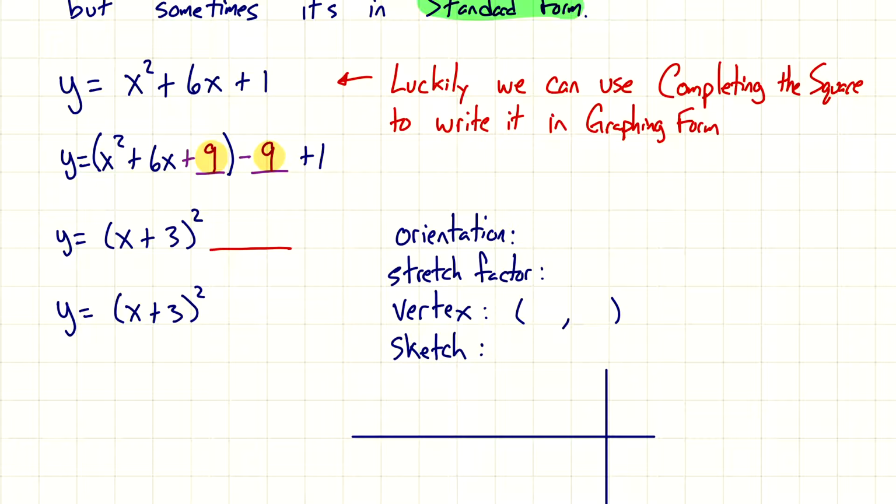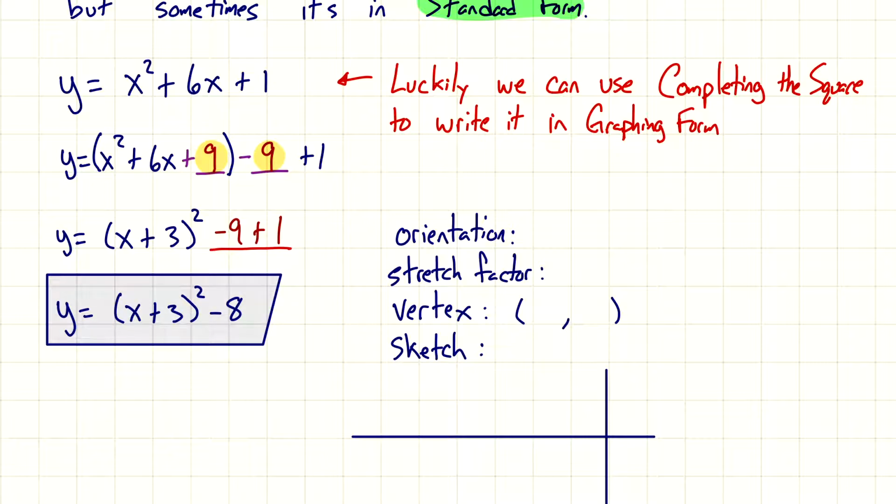So the rest of this is -9. So we're looking at -9 plus 1. That's still on at the end of that equation. So -9 plus 1 leaves us with -8.